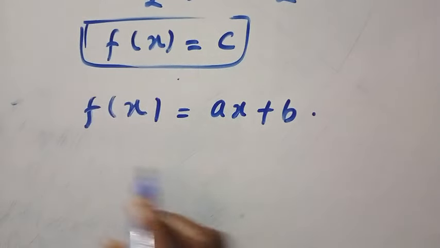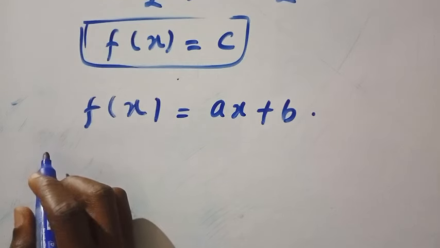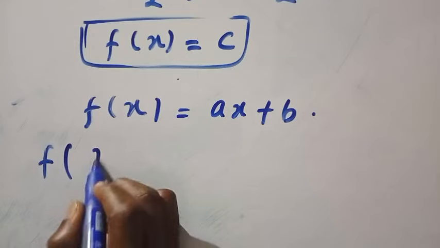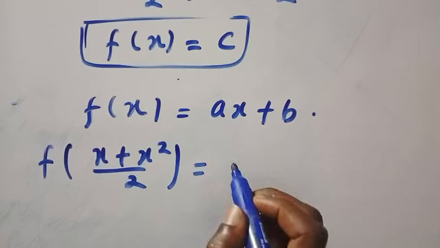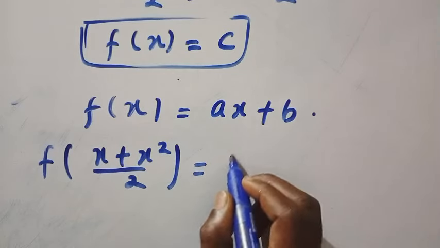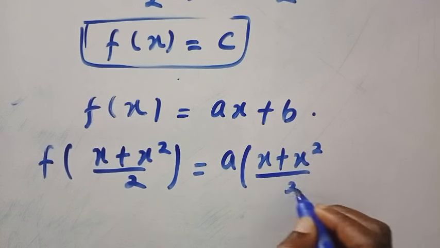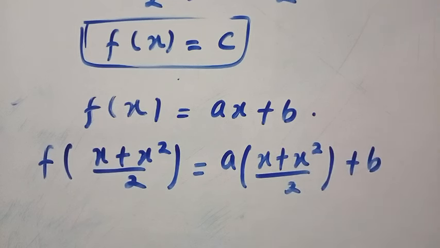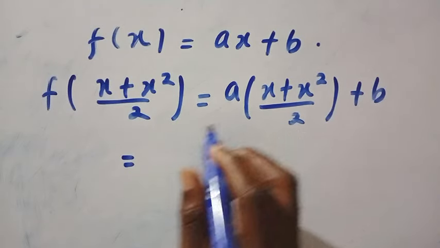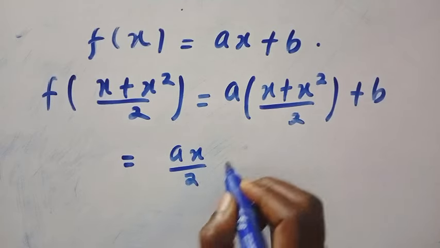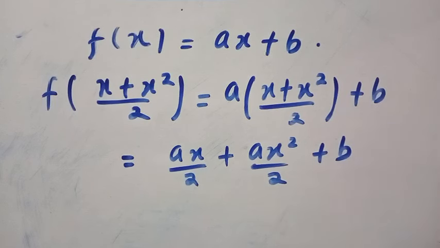Substituting for the first one, f of (x plus x squared over 2) equals a times (x plus x squared over 2), plus b. Next, we open this parenthesis, as we have ax over 2 plus ax squared over 2 plus b.